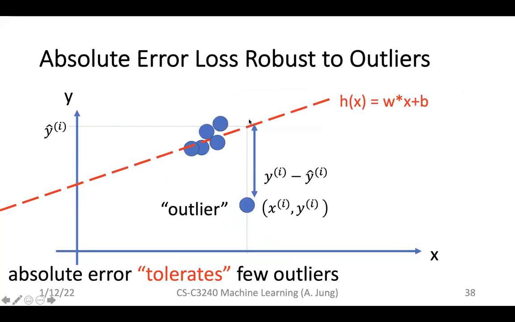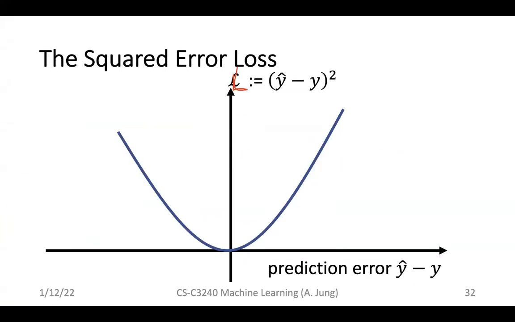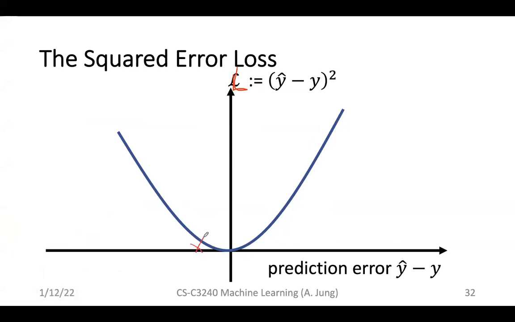The squared error loss grows very fast. So most of the data points would be here, would have prediction errors here, in this clean data set. However, there might be one outlier here. And the effect of this outlier is amplified because the prediction error gets squared. So this squaring of the prediction error amplifies the effect of a single outlier extremely.